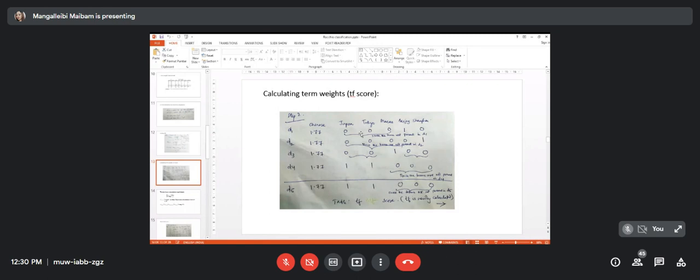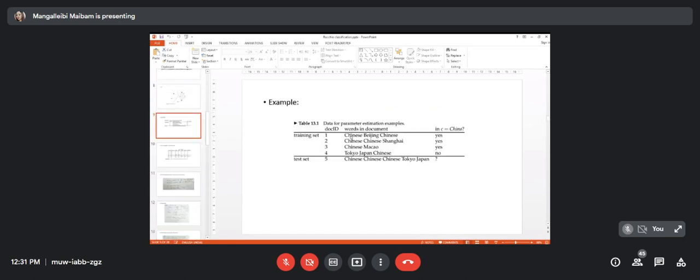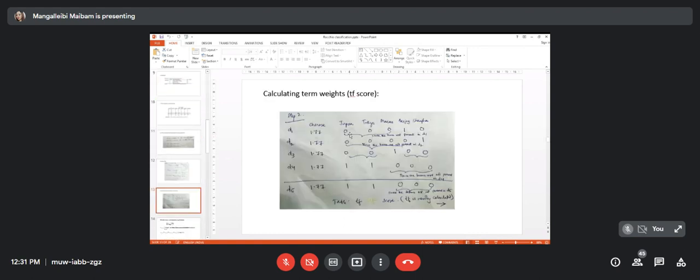Here, if you calculate for D1, Japan is not there in D1, so you can see it is 0 here. For Tokyo also it is not there, for Macau also it is not there, so 0.